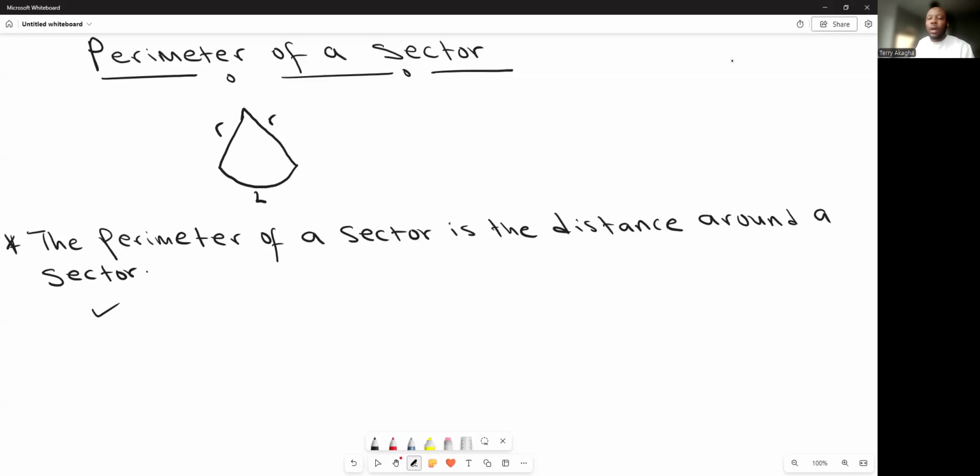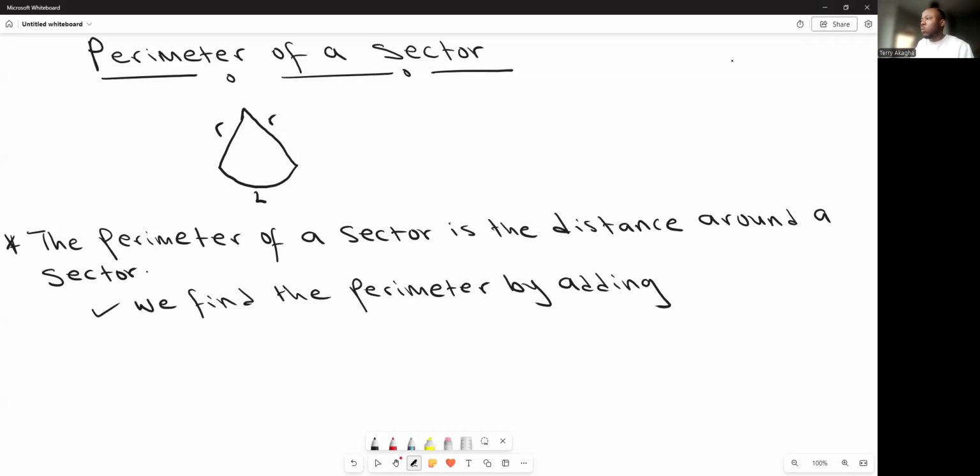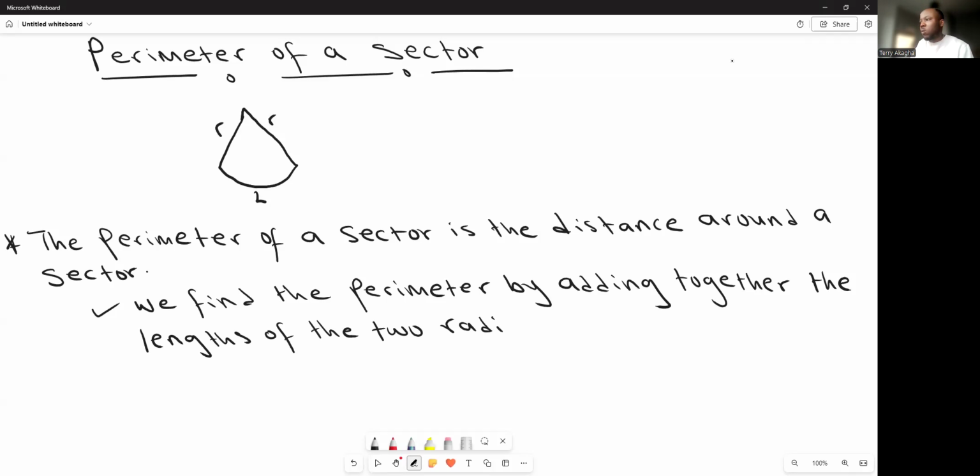So that means we find the perimeter by adding together the lengths of the two radii and the arc length of the sector.